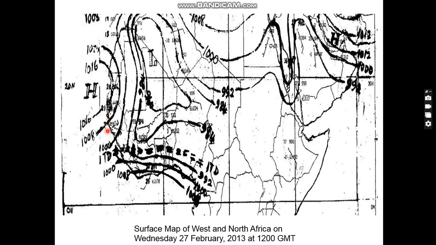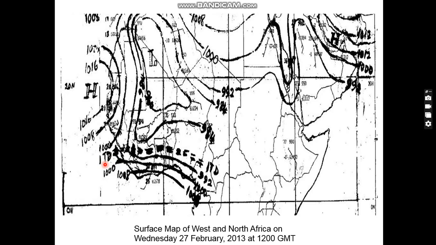While the one at the southern part of it, the temperature is 21 and the dew point temperature is 5. And of course there's no other station around here, so we use this same station to interpolate to get the position of the ITD. So the ITD continues like that, ends here, and is labeled ITD.